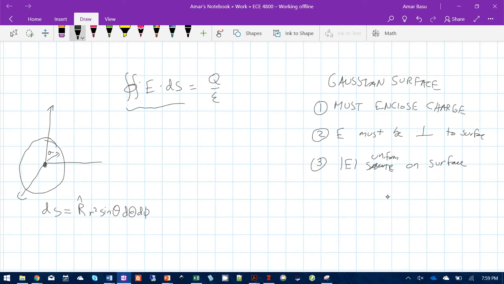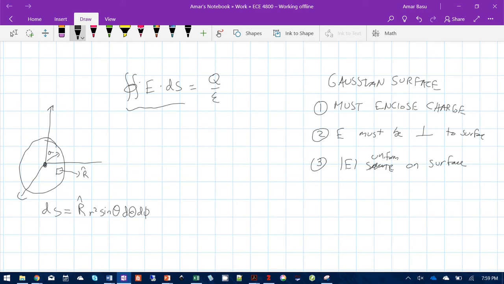That describes the area of a small patch on the spherical surface. The r hat vector points away from it, so it's the dS. Remember, the r hat vector always points perpendicular to the surface of the sphere. All right, so that's what dS is.